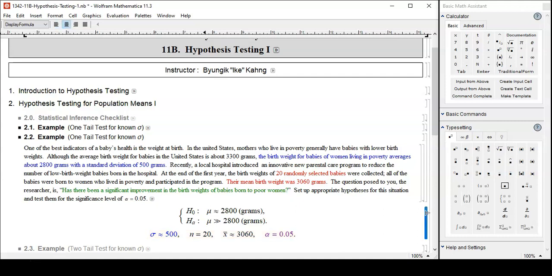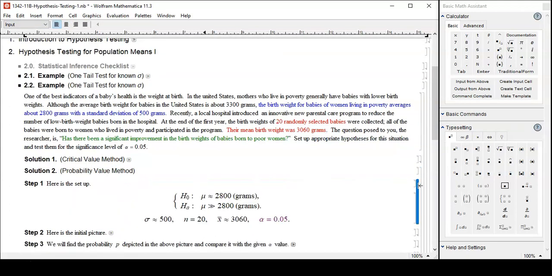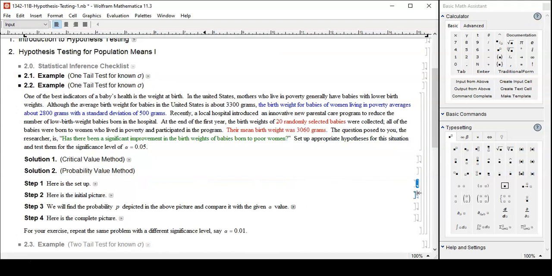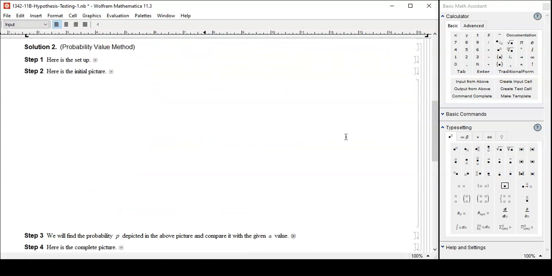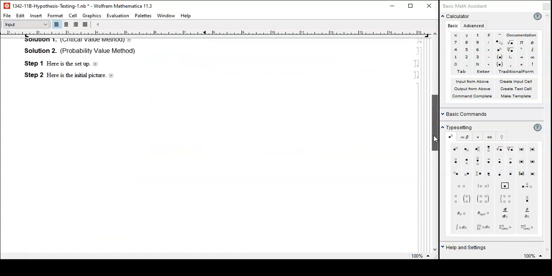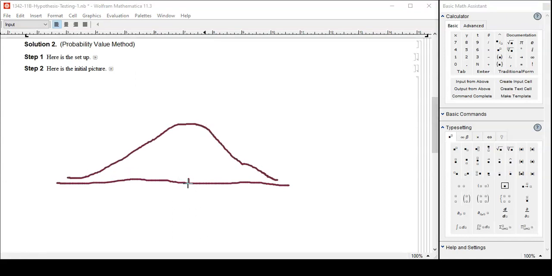Okay, now let's get the problem done using the probability value method. Here's the setup, we discussed it, and now here's the initial picture, but let me walk through with this. Okay, first the initial picture, the outline: in the center, that is the null of 2,800.